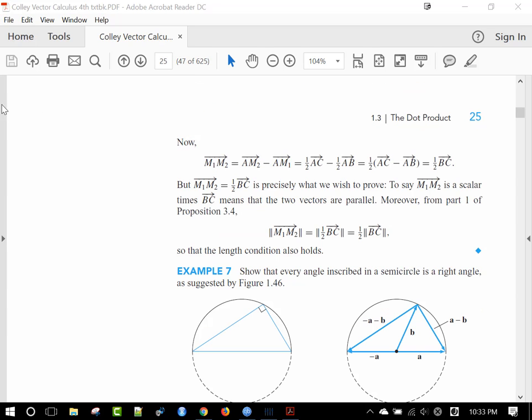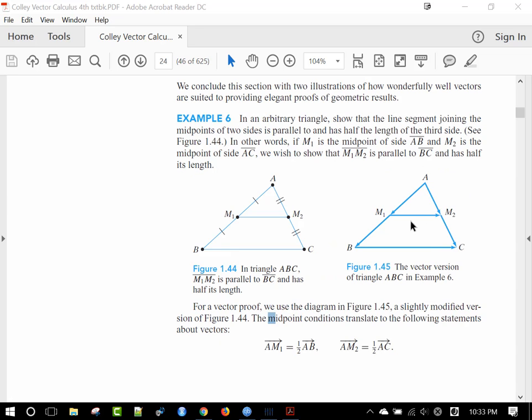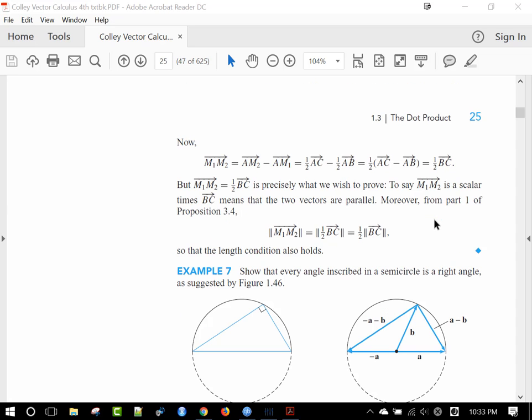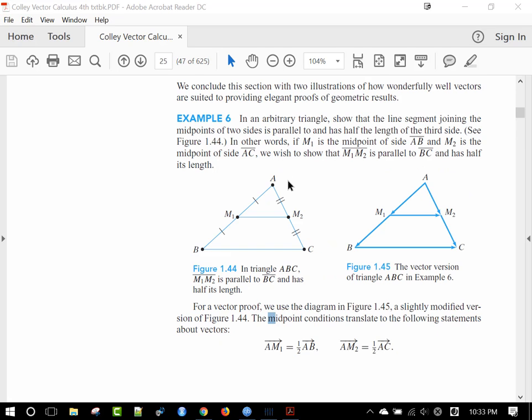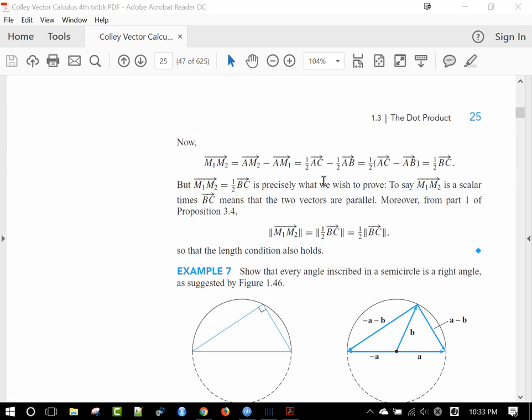So we have those. So then M1M2 is equal to AM2 minus AM1. AM2 minus AM1 gives us this one. That's the one I always get confused with, but that's true.